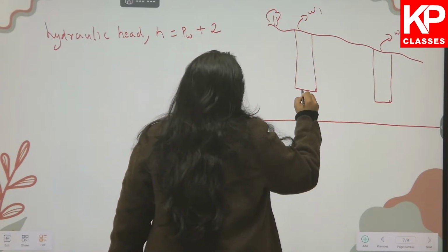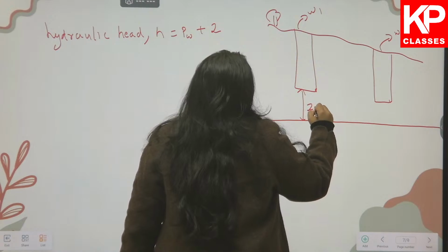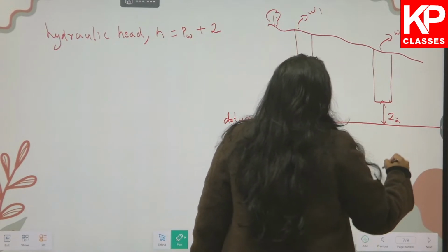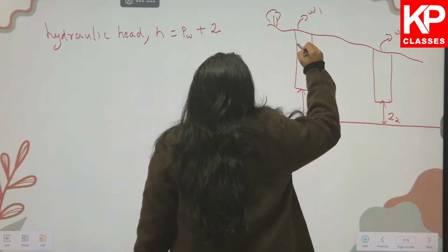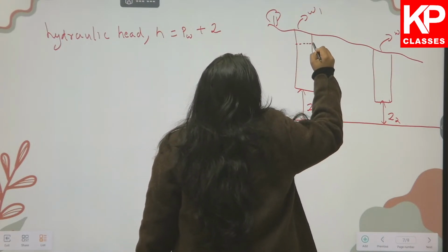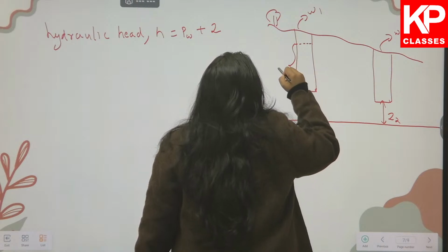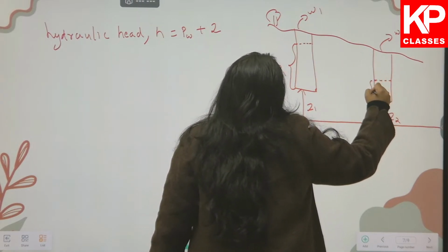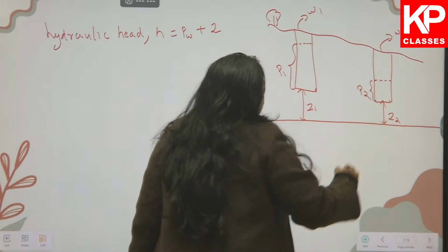Datum. So this is the elevation of the first well and this is the elevation of the second well. Now the water column height of the first one is this much. So this is the P1, the water column height, whereas in the second one this is the water column height.